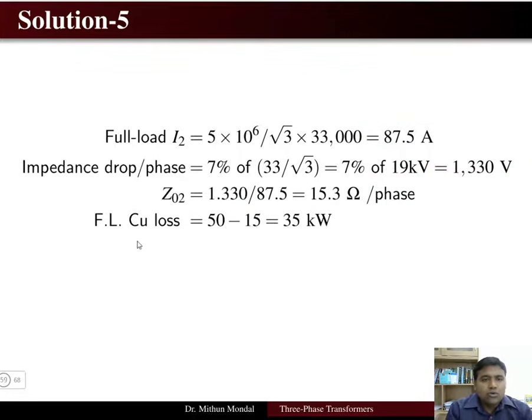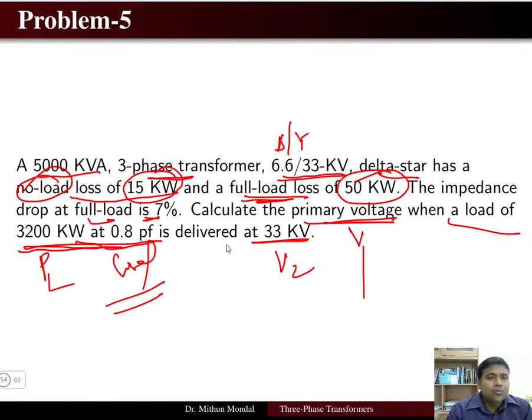Full load copper loss is basically the total losses minus the losses taken in the no load condition. In the problem it has been given that full load loss is 50 kilowatt and no load loss is 15 kilowatt.